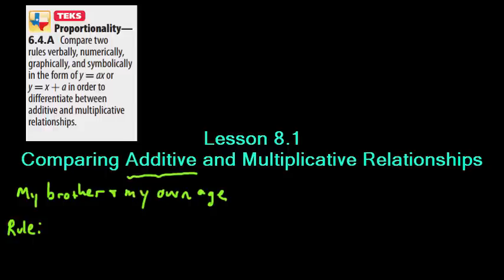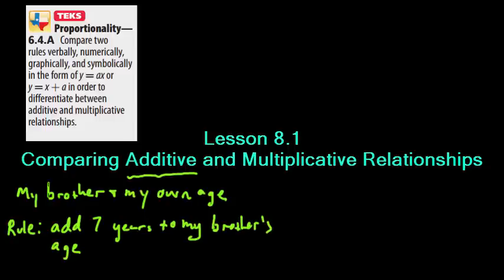The rule would be, to find my age, you would add 7 years to my brother's age. That's the rule. And so we're going to put that into a table. We'll graph it. But that's basically an additive relationship when the rule is you can add from one thing to another to find the relationship.